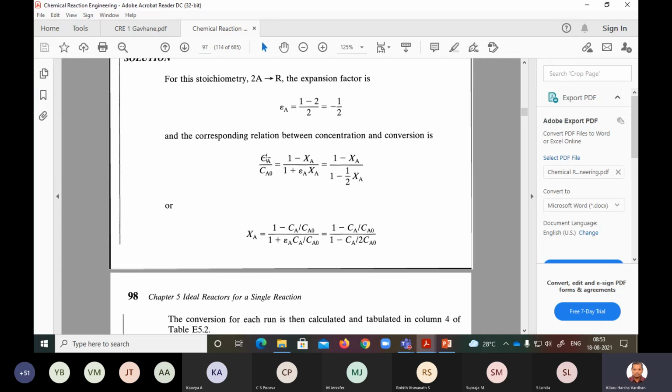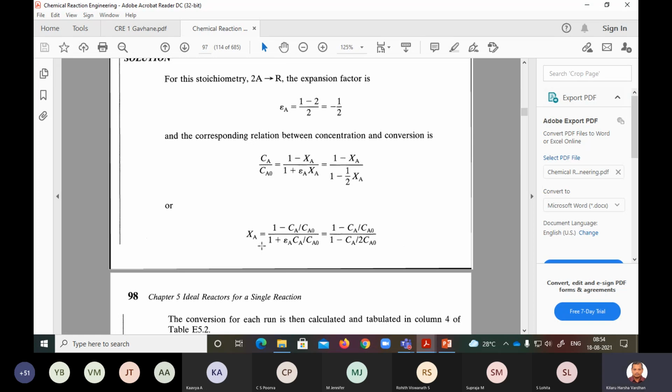So Xa, we know that Ca by Ca0 is this. If you calculate Xa from this, Xa you can write as 1 minus Ca by Ca0 by 1 plus epsilon A Ca by Ca0, and substituting epsilon A as minus half, then you are left with this. Either you can do it with concentrations or conversion, that's up to you, right?